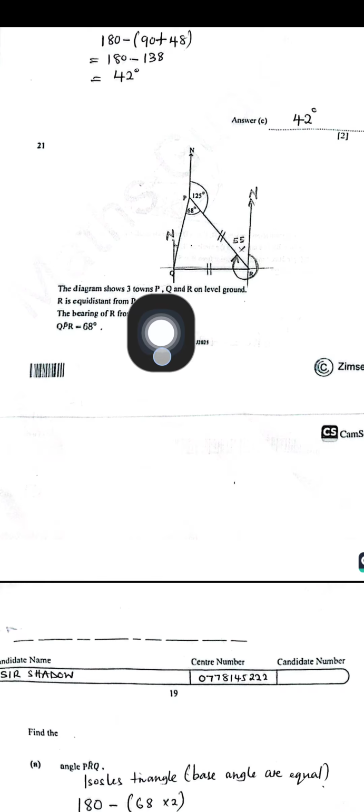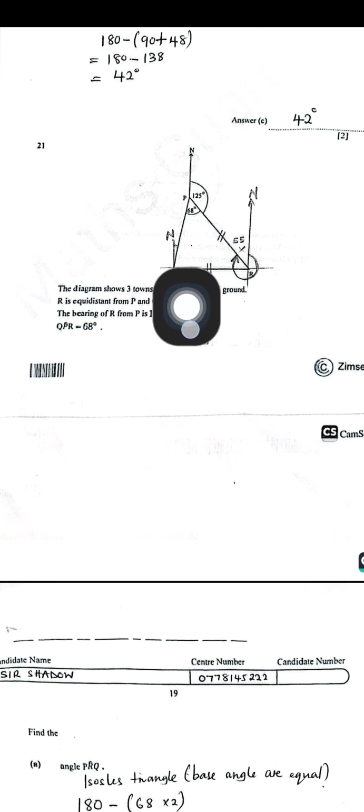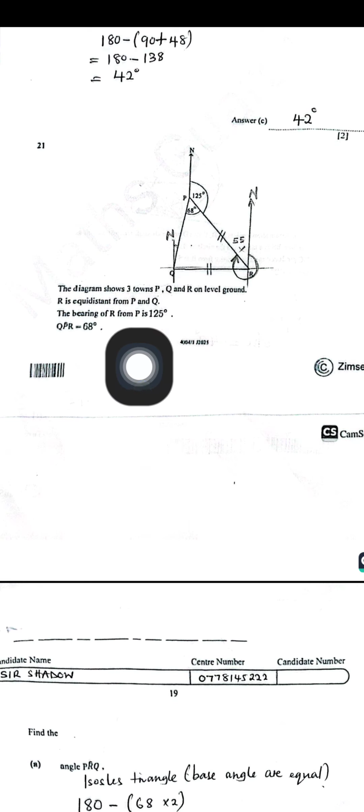So under the letter Q, you draw the north. Then you touch the north and move in a clockwise motion. So the angle I want to find is this one right here.